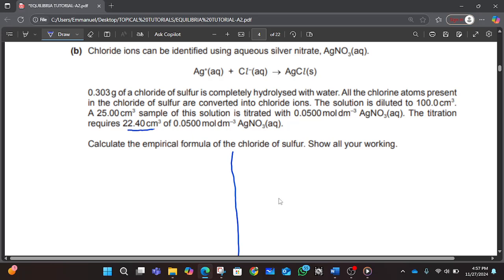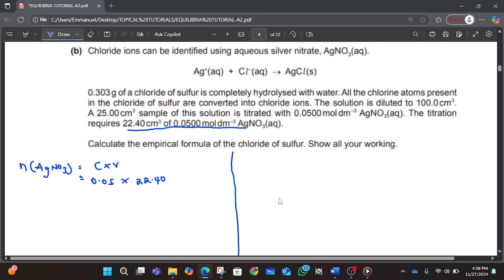Now, to find the mass of the chloride, we can see that the chloride has been titrated with silver nitrate solution. To do this, we first calculate the amount of the silver nitrate. Amount is equal to concentration times volume. So the concentration is 0.05 mole per decimeter cube times the volume, which is 22.4 centimeter cube.